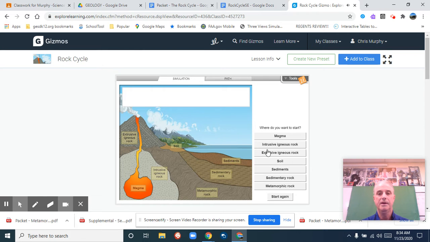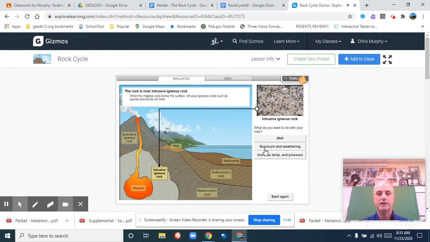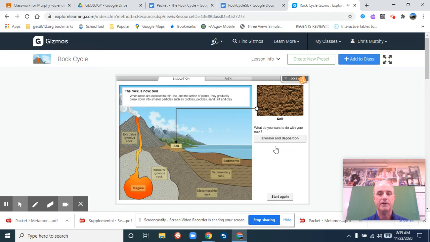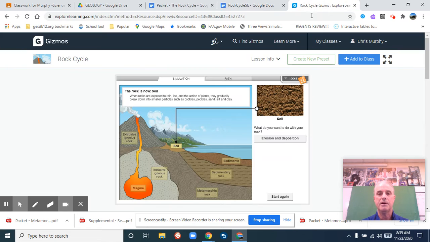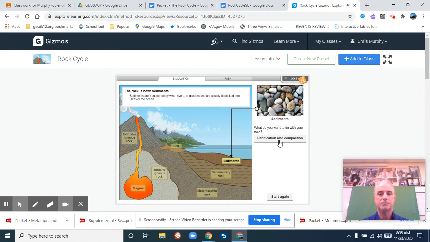So let's start again. I'm going to go back to my igneous rock and go to exposure and weathering. Now we've broken it down into soil parts, and they gradually break down. Then it says erosion and deposition. We're talking about sedimentary rock, so let's see what erosion and deposition brings us.